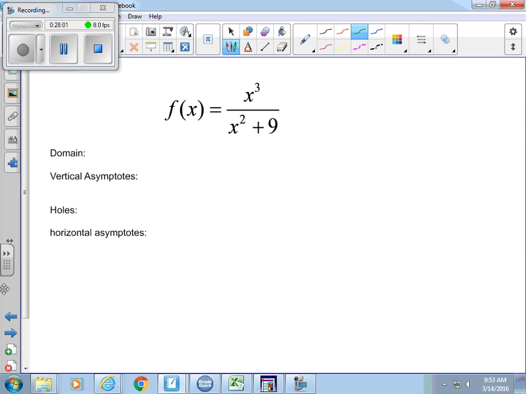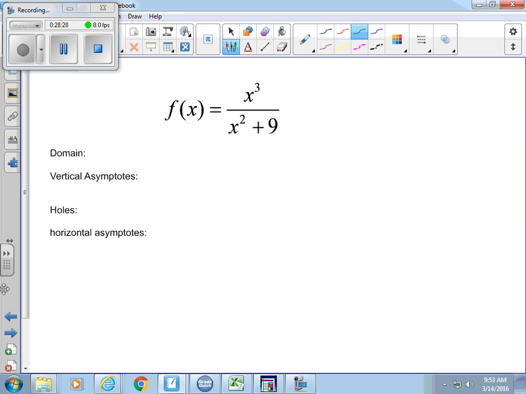Okay, domain on this one. What am I asking myself for domain? What can x not be? What makes the bottom equal 0? Well, what does make x squared plus 9 equal 0, real number-wise?